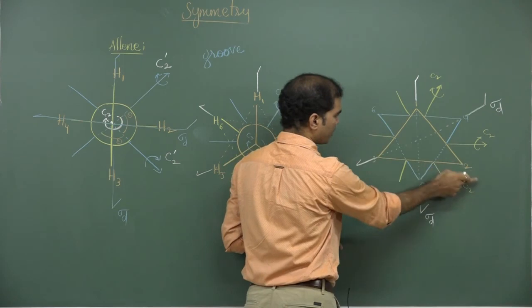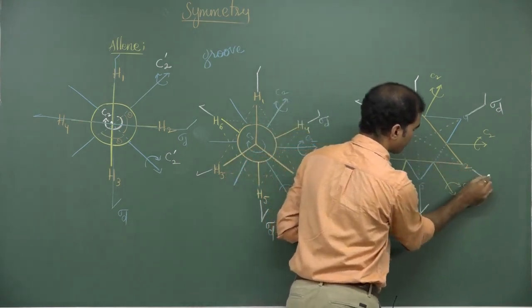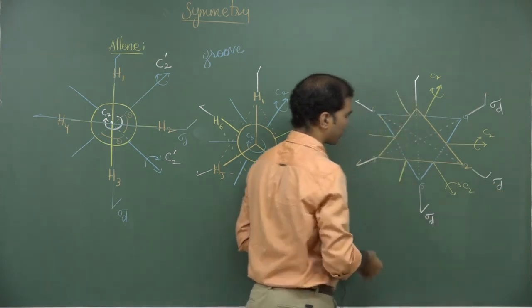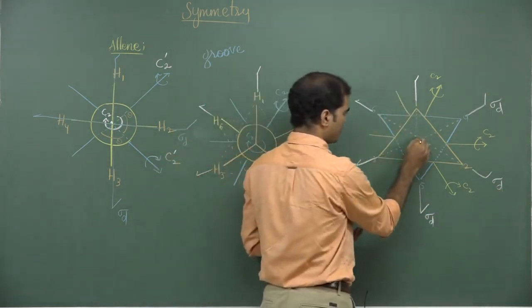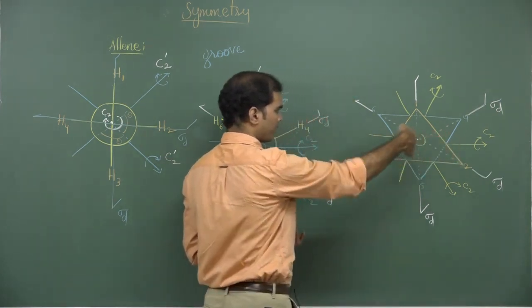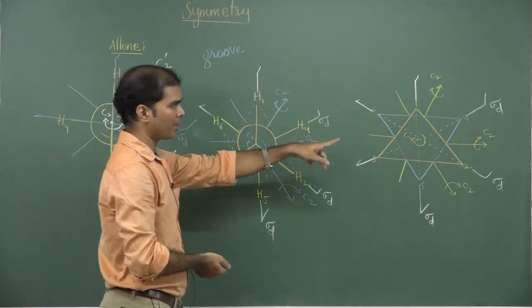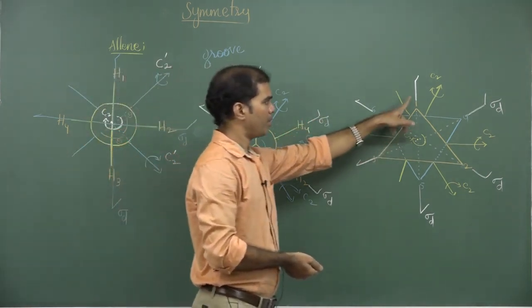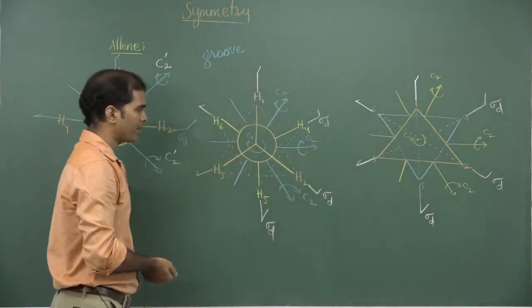And from the opposite corners, sigma d. This is the principal axis C3. So C3 is anyway present. Along with that C3, we have 3 C2s that are perpendicular to C3, and we also have 3 sigma d's. This is in the case of a staggered ethane.